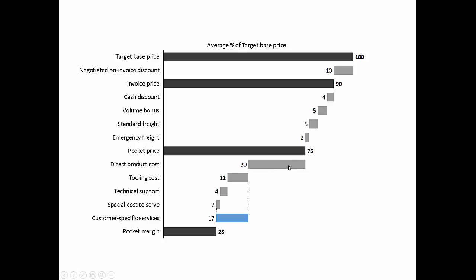Here we have direct product costs, and here we have three types of costs, like tooling costs, technical support, and so on, which are customer-specific services. And we wanted to sum those costs into an intermediate sum, right? So this is now a sub-calculation of only those three costs, and that's why it is displayed like this.